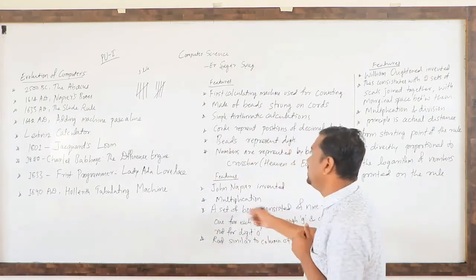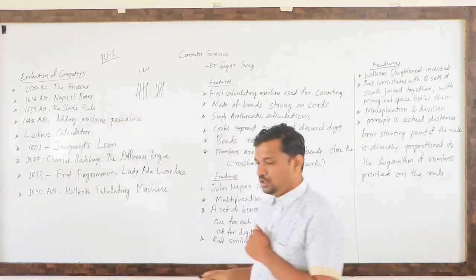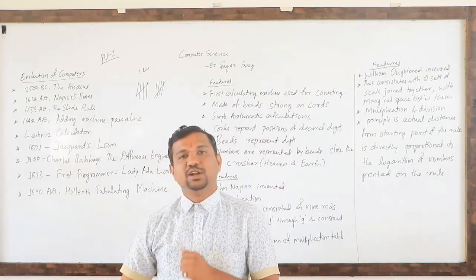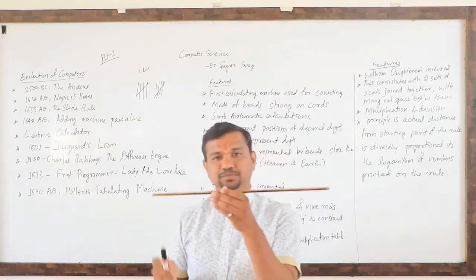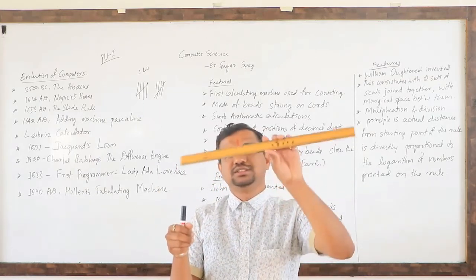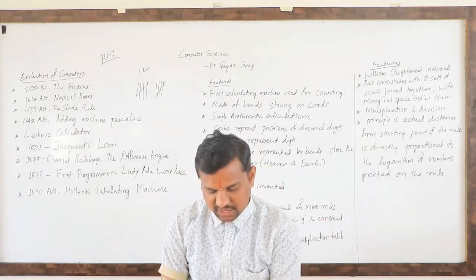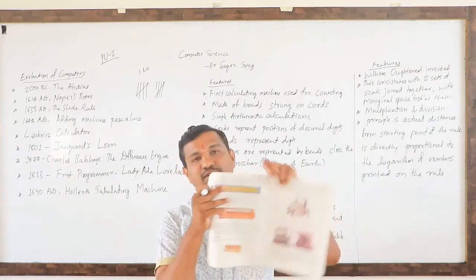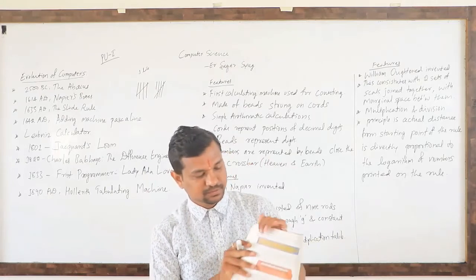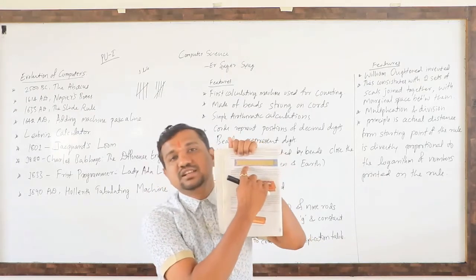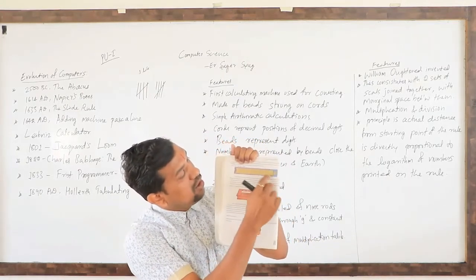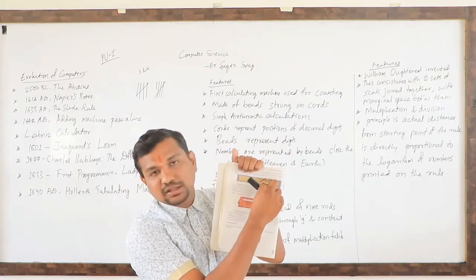And the next one is the slide rule. This slide rule is a very important concept. In this, just like a scale, all the numbers are represented. Just see, I will show this one. So this is a slide rule. On this slide rule there is a movement, there is a bar.